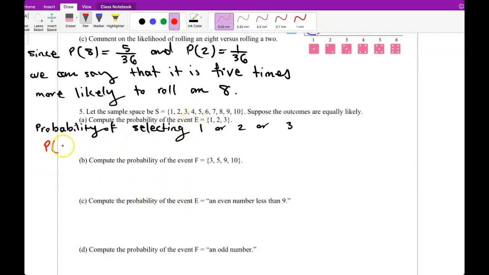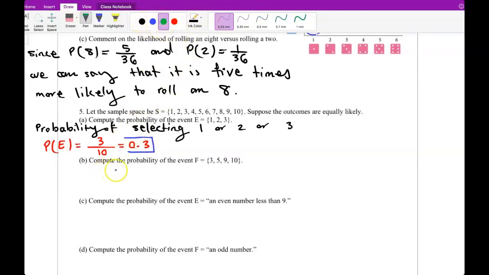The probability of this event is equal to how many numbers we have here, which is 3, and how many outcomes we have in this sample space, which is 10. The answer is 0.3.